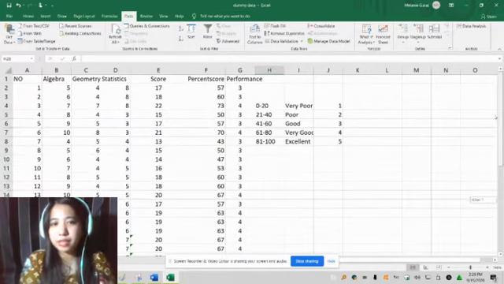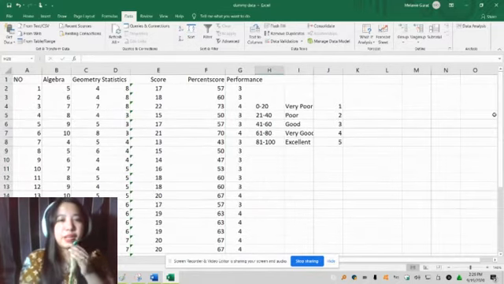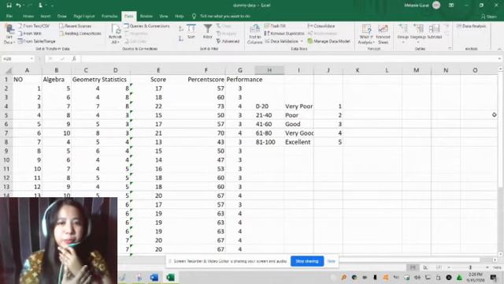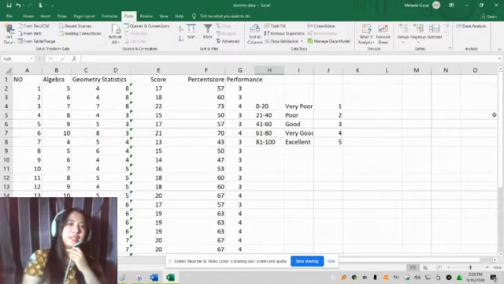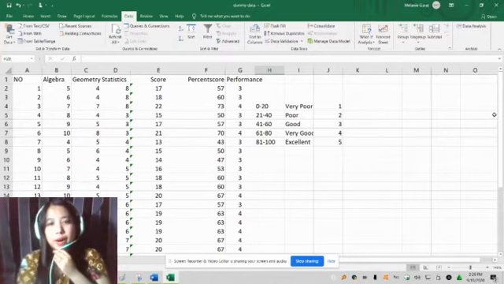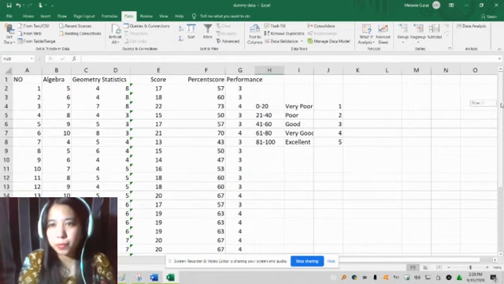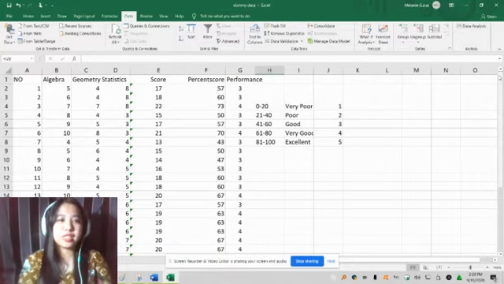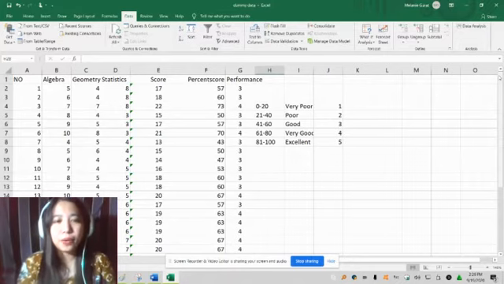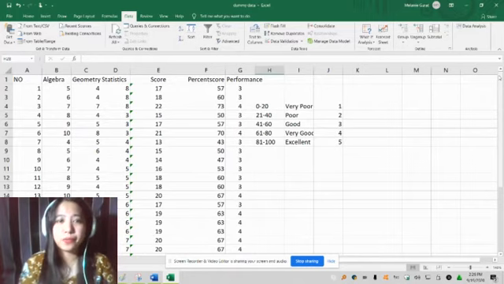Or, instead of using the numbers, you can directly place very poor, poor, good, very good, and excellent. Now, to come up with the answer for the question, what is the performance of the students overall? Let us just consider the first one in overall.